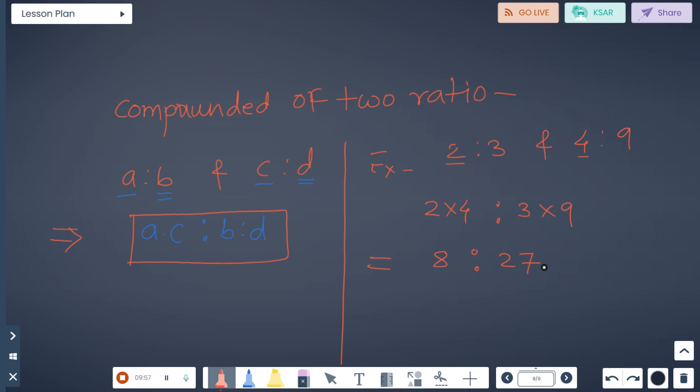So this is the compounded ratio of two different ratios. In that, this is the first type.